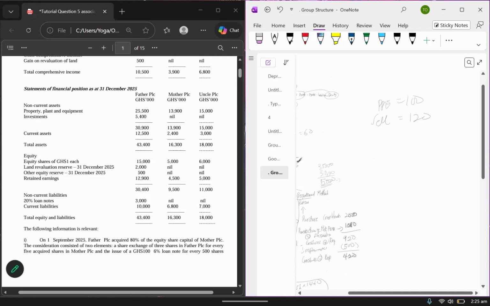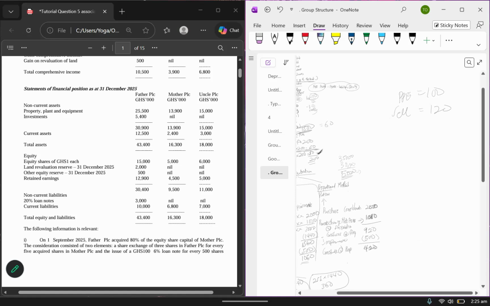But for consolidation purposes, since the two parties are considered a single entity, you're not supposed to pay dividend to yourself. You're not supposed to earn interest. You're not supposed to make profits or sell to yourself at a profit. In that case, we have to cancel off this 20. This 20 is in whose books?